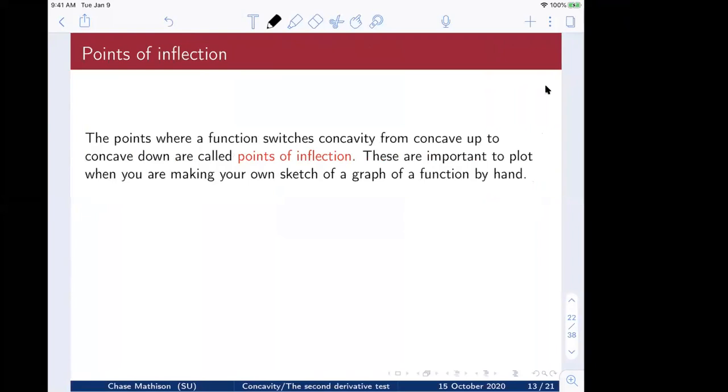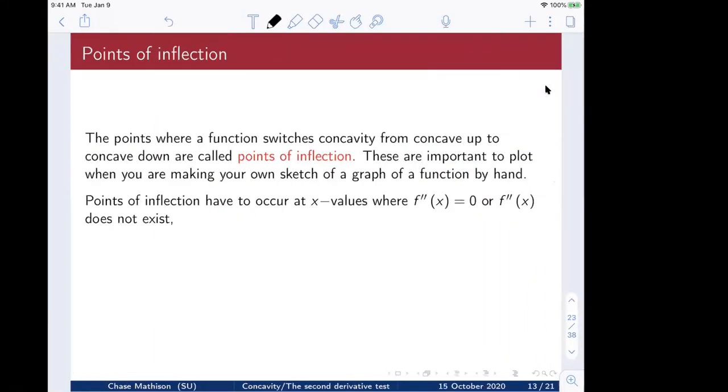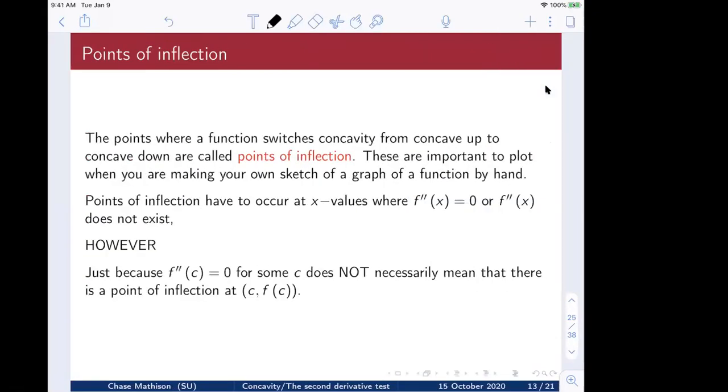They're important to plot when you're making a sketch of a graph by hand. They have to occur where f double prime is equal to 0 or f double prime fails to exist. But just because f double prime of c is equal to 0 for some c does not mean that there's a point of inflection at c, f of c.